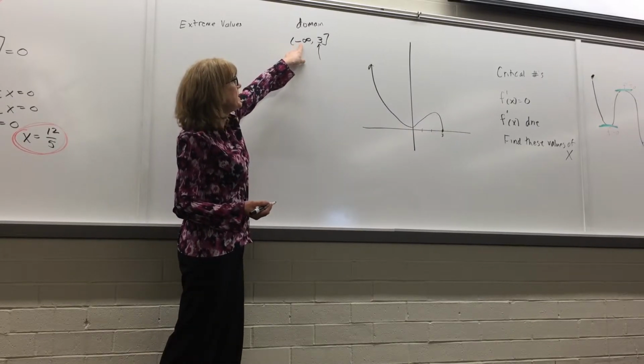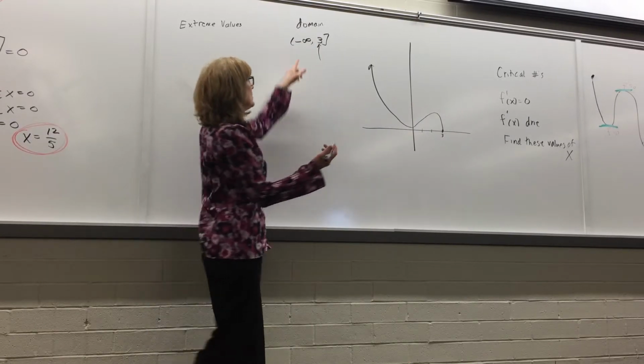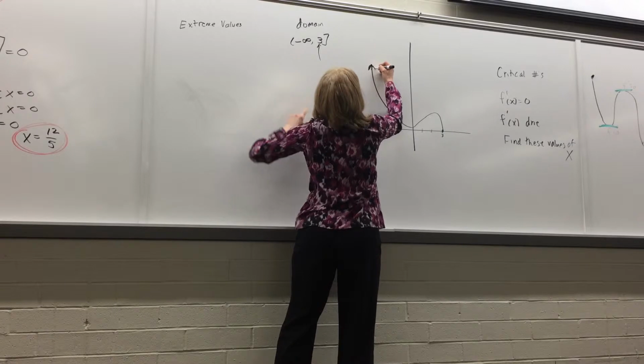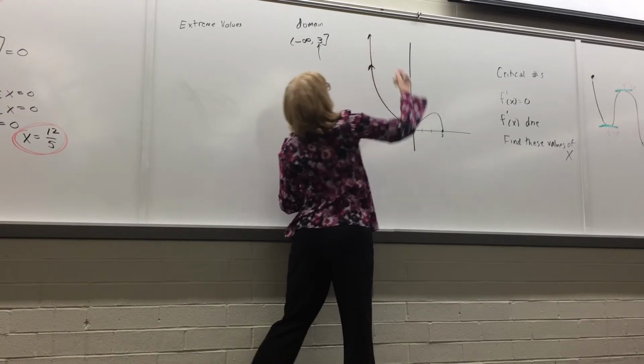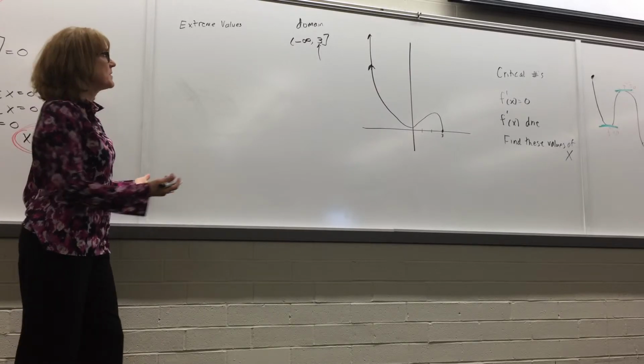We'll check to see if it's an absolute minimum also. Because we had an open endpoint here, that does not give us an extreme value. The open endpoint means that it keeps growing forever, so we will not have an absolute maximum.